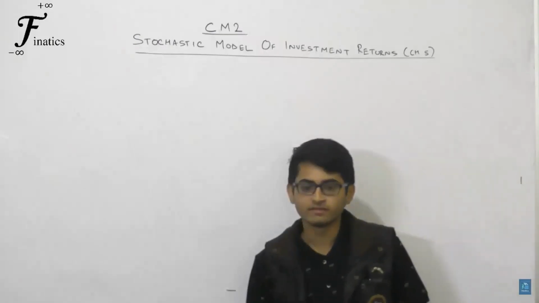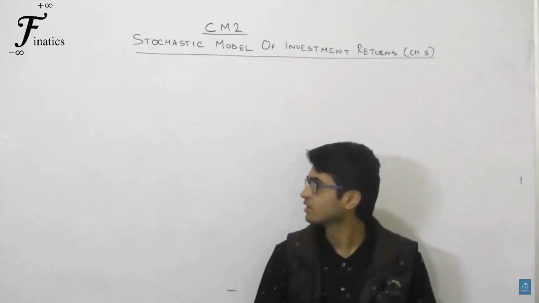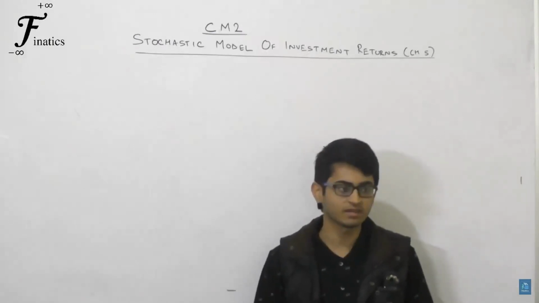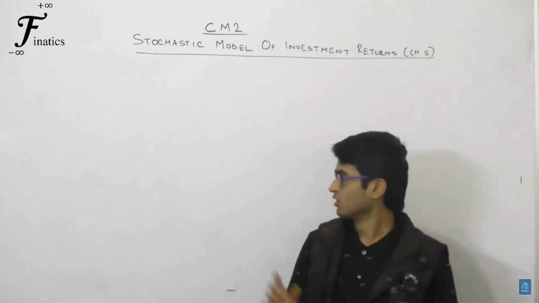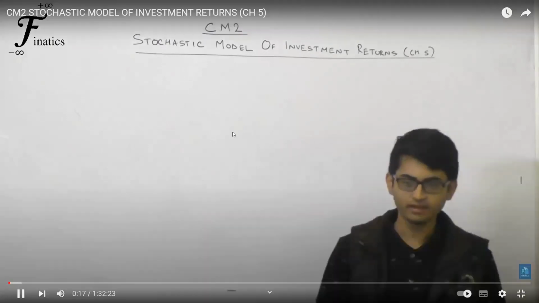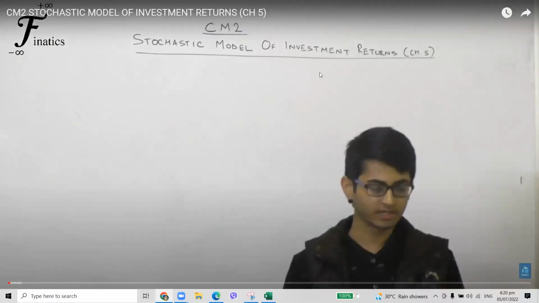So today we would be starting with stochastic model of interest rates. Previously this chapter was in CT1, it was the 15th chapter. So first give the heading deterministic model.